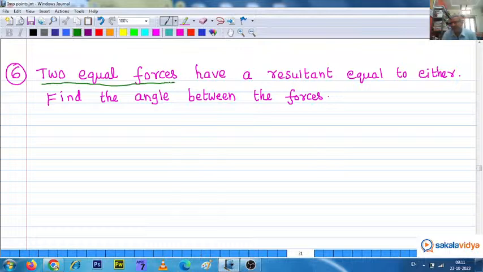Two equal forces means the two forces have the same magnitude, and the resultant is equal to either, that means the magnitude of the resultant is also equal to the magnitude of one of the forces. Then we need to find the angle between the two forces. So now let us try to solve this problem.